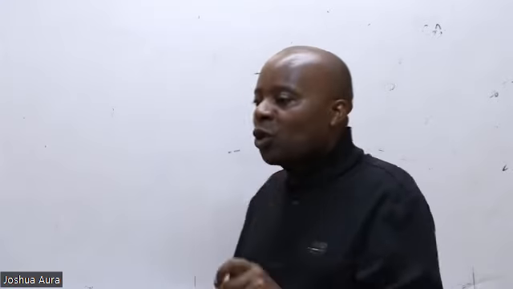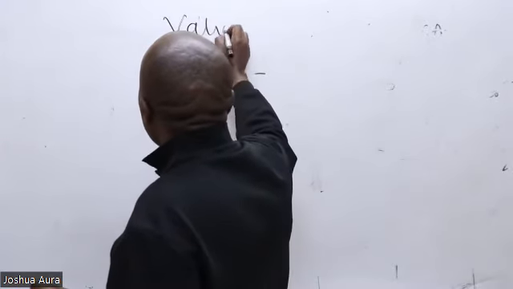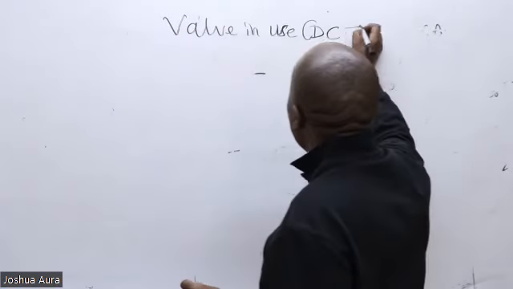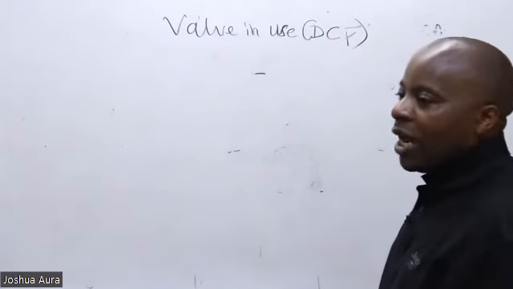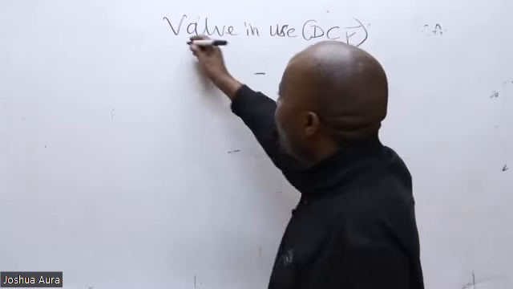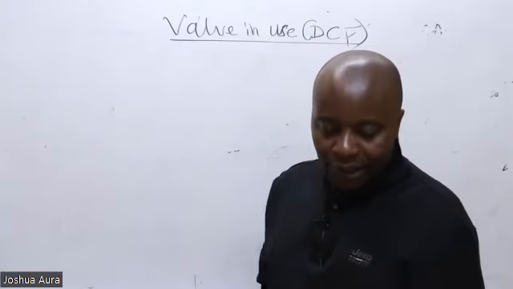So basically, those cash flows that are given there shall be used to compute the value in use. Value in use is our discounted cash flows.